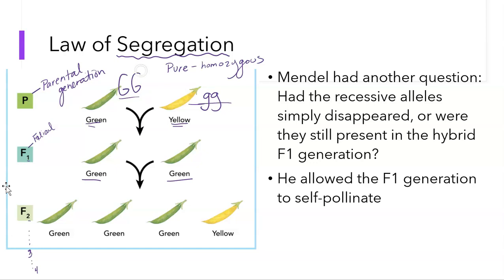The only possible eggs or sperm that this plant could make are ones that would have a big G allele. And for this one, the only possible egg or sperm it could make, pollen, would be ones with the little g allele. Remember, even though we're not drawing them, they represent alleles found on homologous chromosomes.